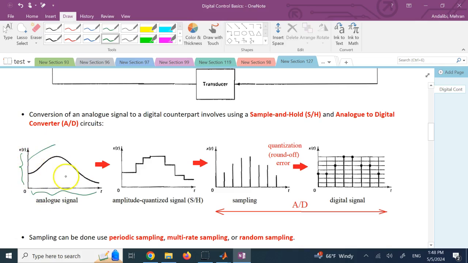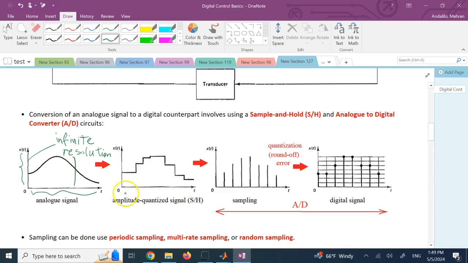So here, both of these axes have infinite resolution. Means you can have any x value and any time value. In a computer, that is not a possibility. You only have a limited resolution for either axis.